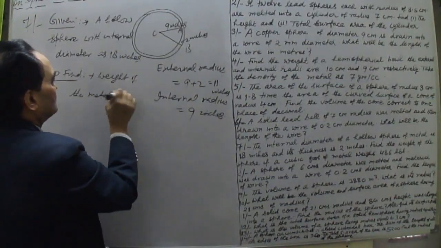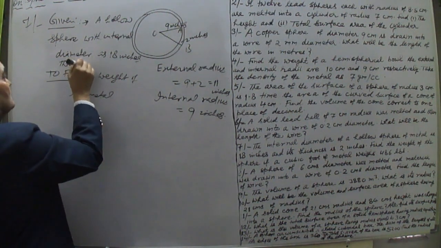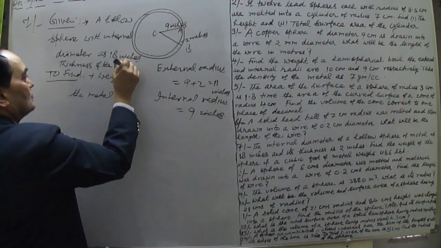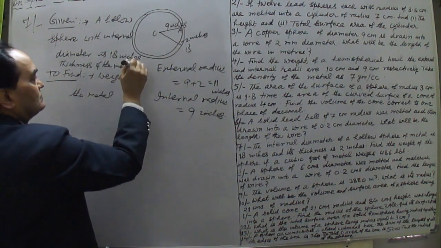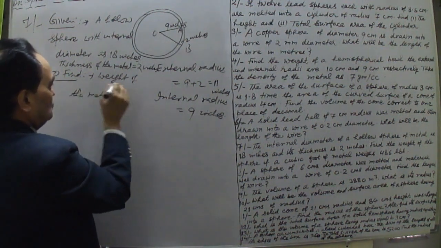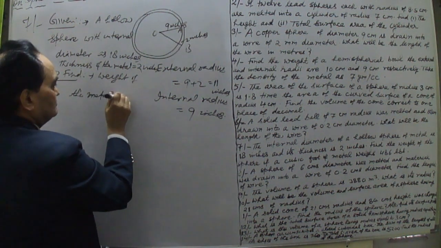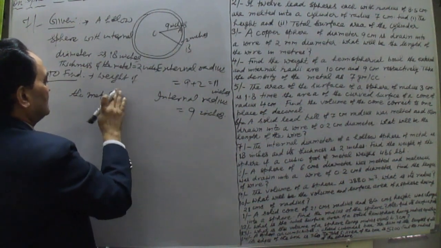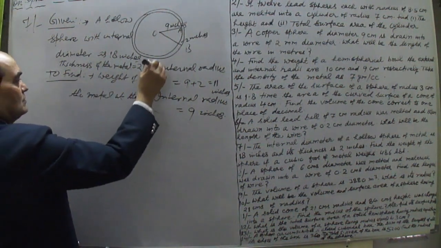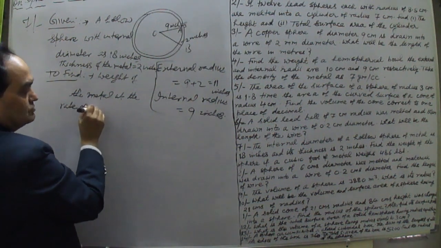The thickness of the metal, or of the sphere, is 2 inches. This is also given. The weight of the metal is to be calculated at the rate of how much?